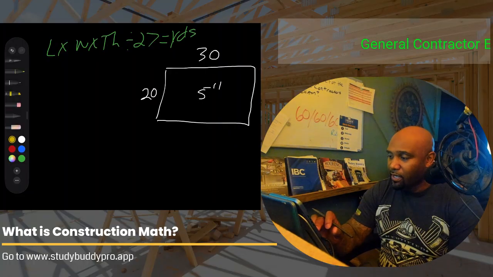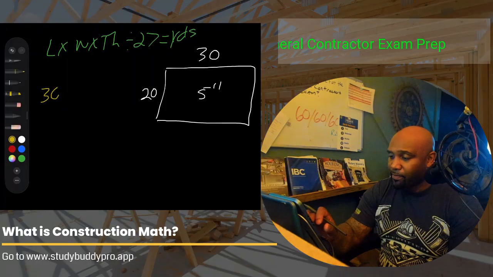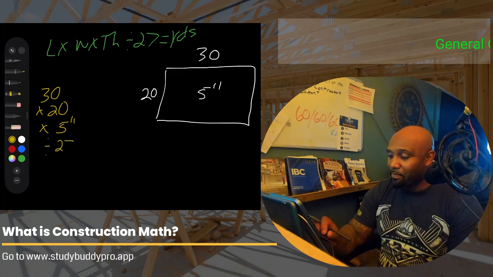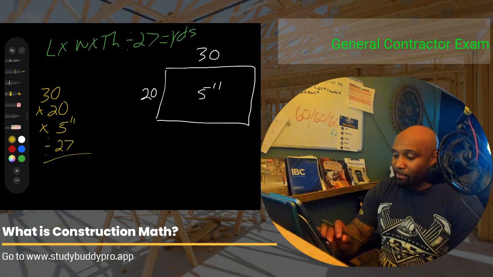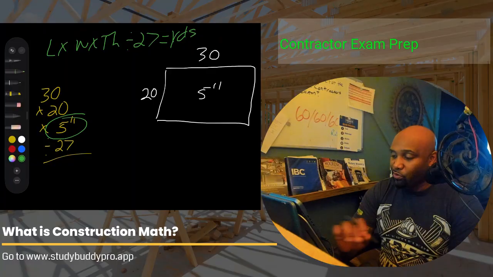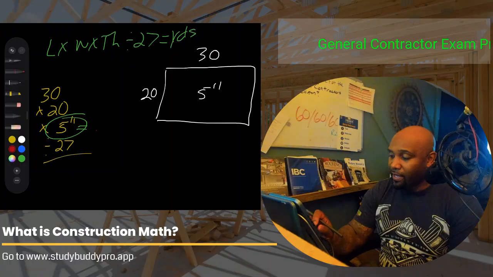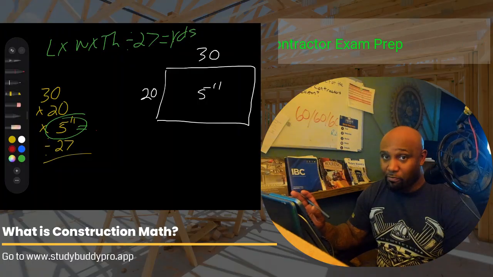So now we have to break down our formula. Our formula is, again, length 30 times 20 times 5 inches, divided by 27. But remember, we can't use the 5. We have to convert it. 6 inches is 0.50, right?